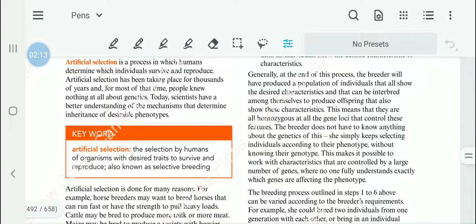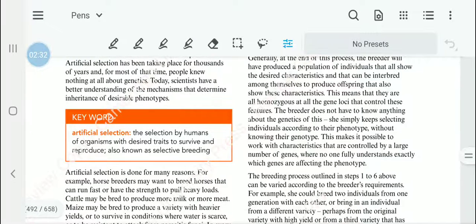Then there are pugs, which have their faces almost flattened out. So these animals are a result of artificial selection.